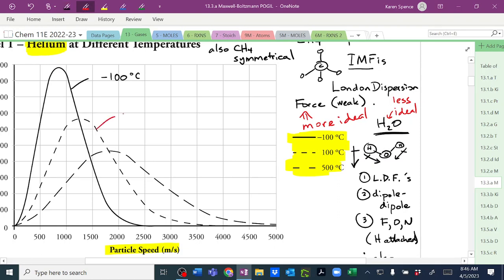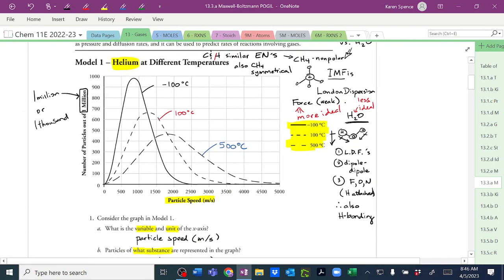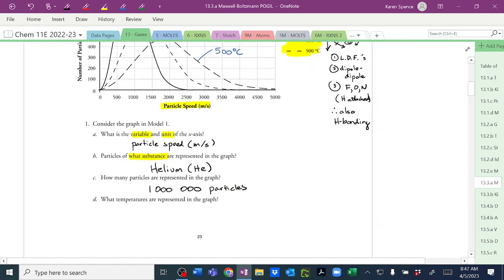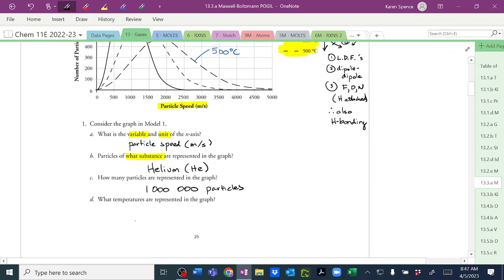This one here is 100 degrees Celsius, and here is 500 degrees Celsius. So we have -100 degrees Celsius, 100 Celsius, and 500 degrees Celsius.